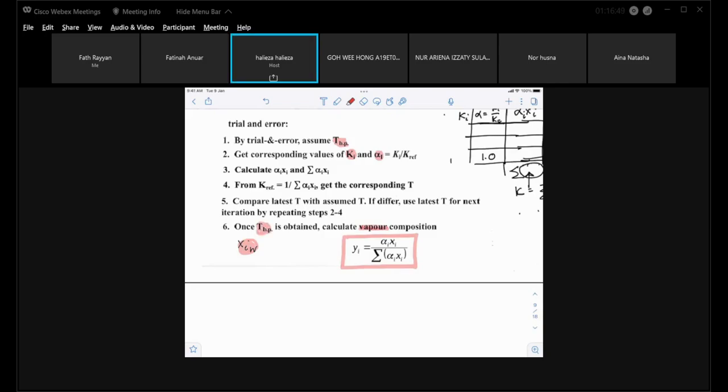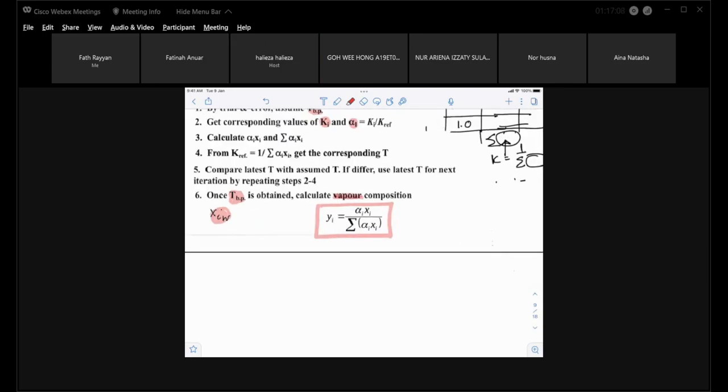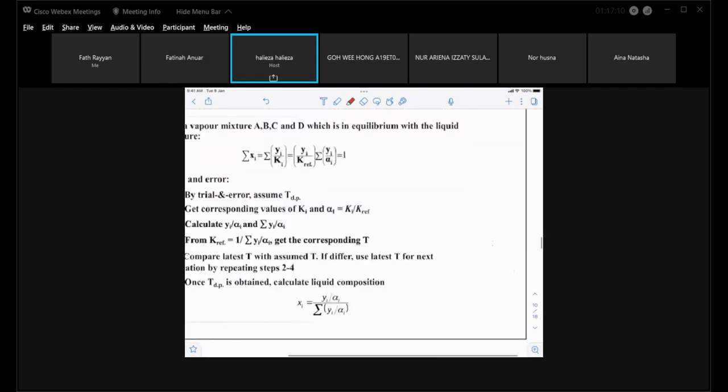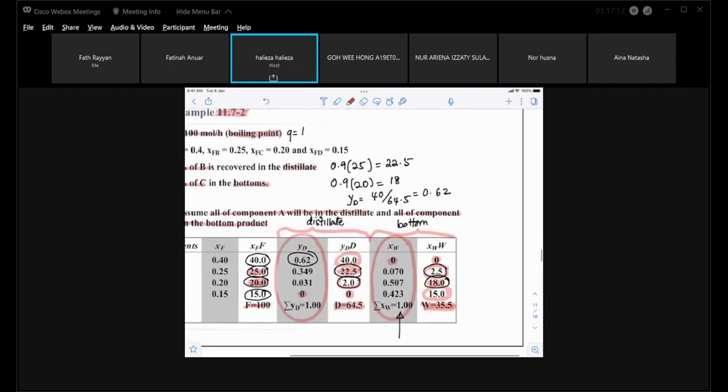If you're still iterating, you cannot proceed to step 6. You can only proceed to step number 6 when you manage to get the exact boiling point, the true boiling point. Okay? In order to get that composition, you have another column for every component. So let's look at our solution here.